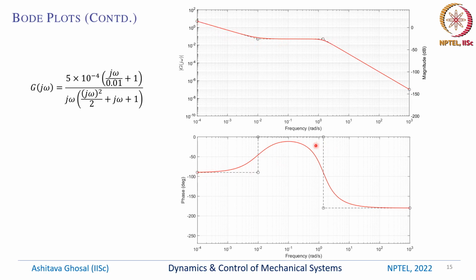The phase is now a little more complicated, but we can keep plotting what is happening to the phase and magnitude at the different breakpoints. Again the dotted lines are the asymptotes. And MATLAB can be used very easily to plot the phase and magnitude of a system, or a G of j omega, given in this form.